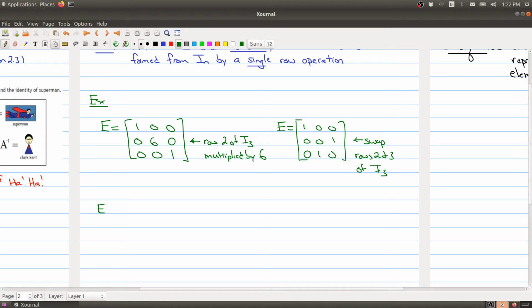I could have something like 1, 0, 5, 0, 1, 0, 0, 0, 1. The way I got this was I added 5 times row 3 plus row 1 of the identity matrix of size 3. Each of these matrices is an example of an elementary matrix, and you can make lots of these yourself.